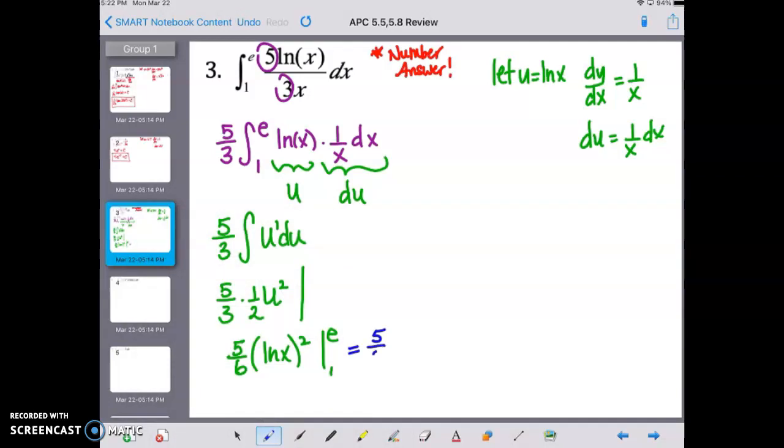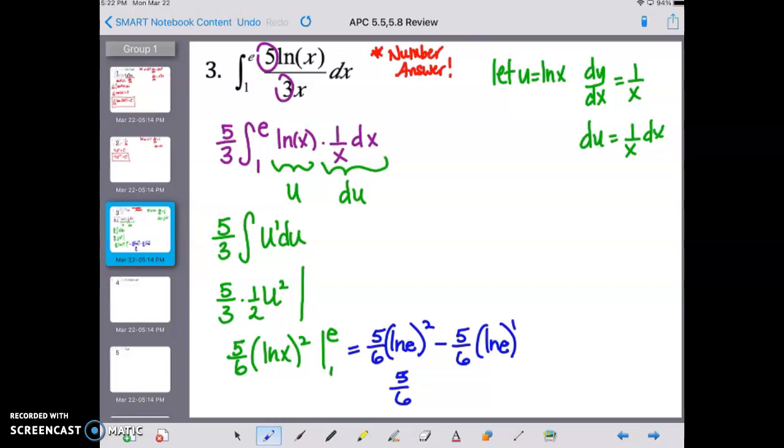So I'm going to get 5/6 times natural log of e squared minus 5/6 times natural log of e to the first power. Well, natural log of e is log base e of e, which is just 1. So 1 squared is 1. 5/6 times 1 is 5/6.